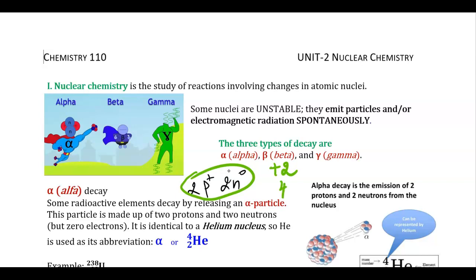And you know that what has charge 2 and mass 4 is the helium nucleus, right? So we can use the symbol alpha, or we can use the symbol helium to show alpha decay.